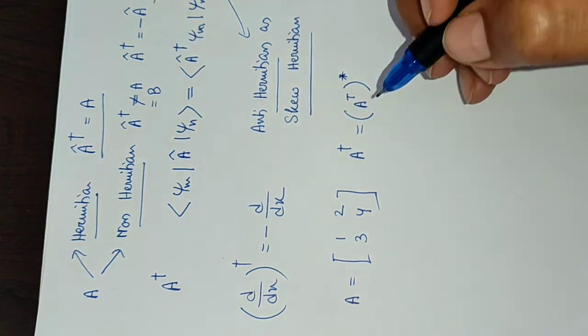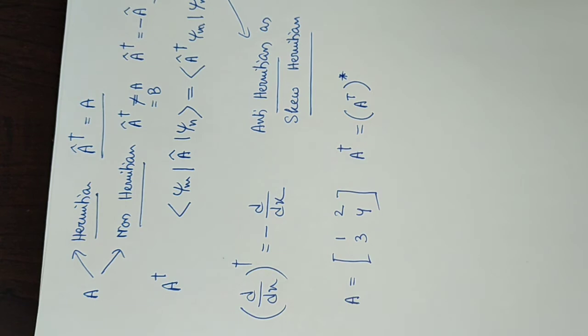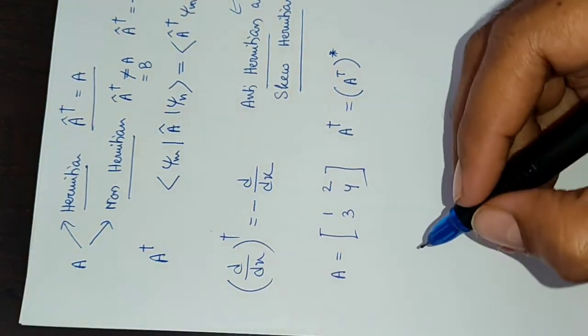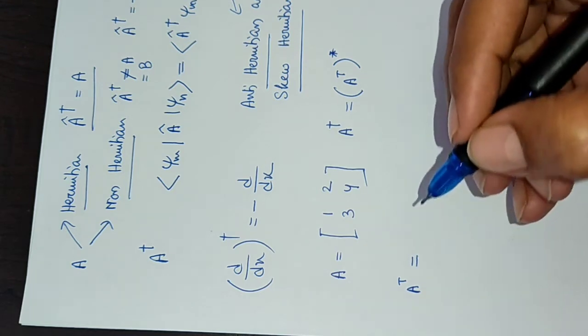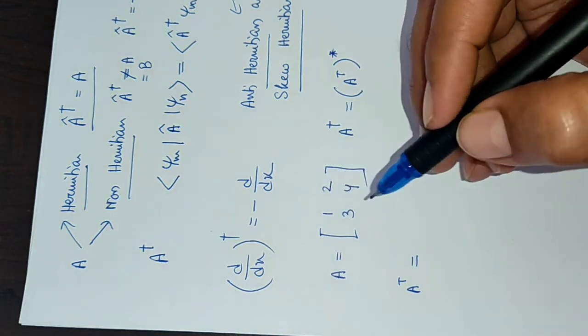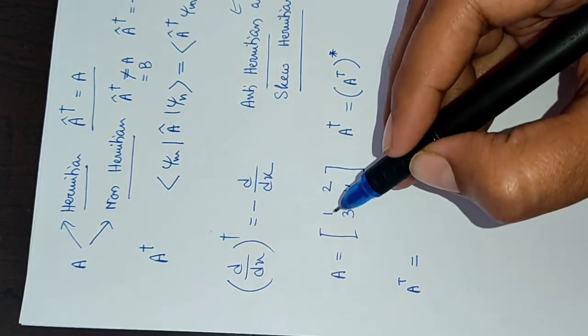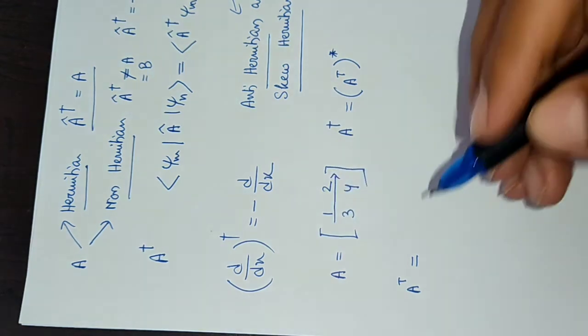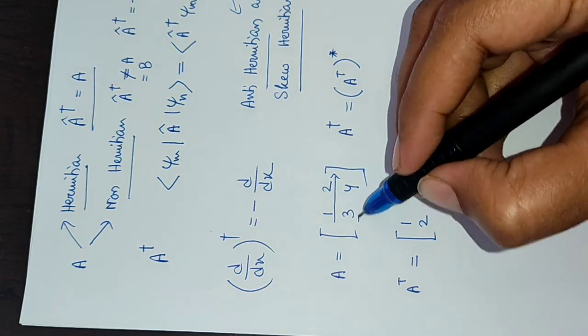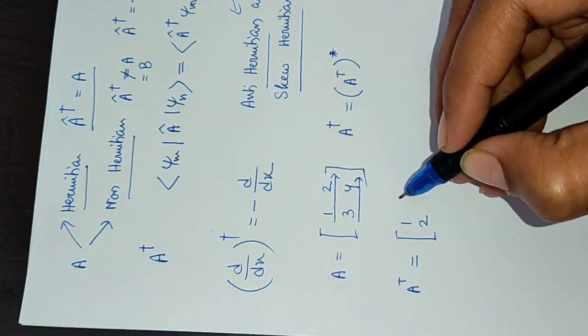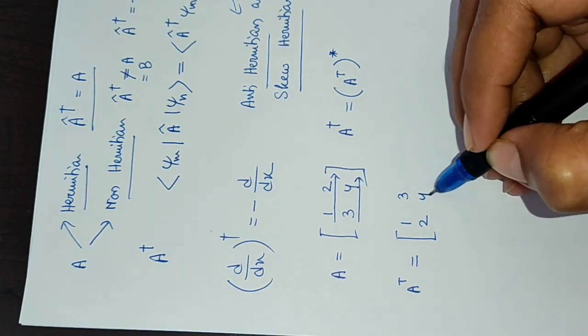So it will be A transpose and then conjugate. Now, what is the transpose? We have to place the rows in columns. The first row will be the first column, and the second row will be the second column.